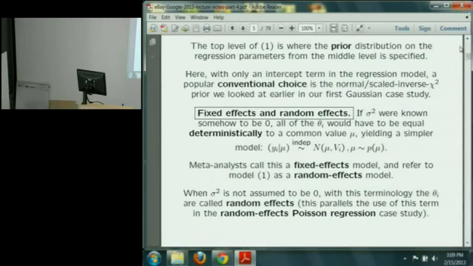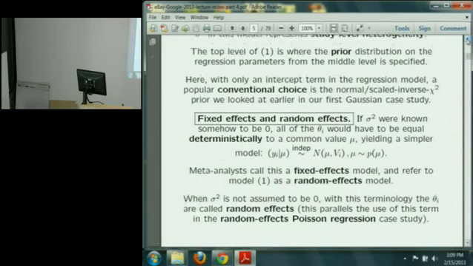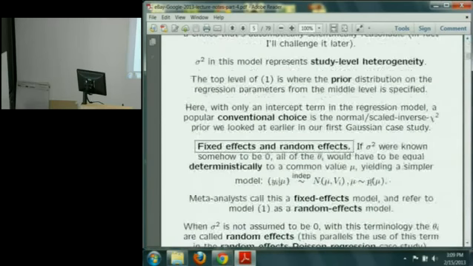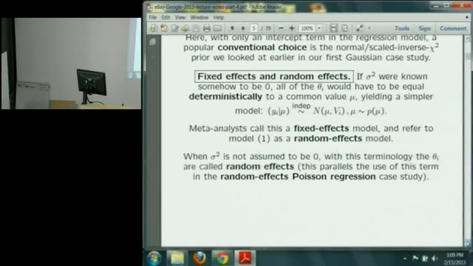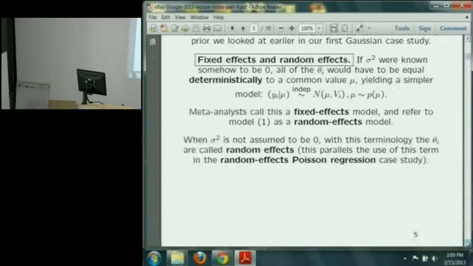And so what we're going to do is look really carefully at the posterior distribution on sigma squared. And if it puts a lot of its mass near 0, then that's the Bayesian modeling's way of telling you that the fixed effects model might be okay, and that the simple pooling would work fine. But if it puts all of its mass well away from 0, that's a very strong way of telling you that it's not appropriate to go to the fixed effects model.